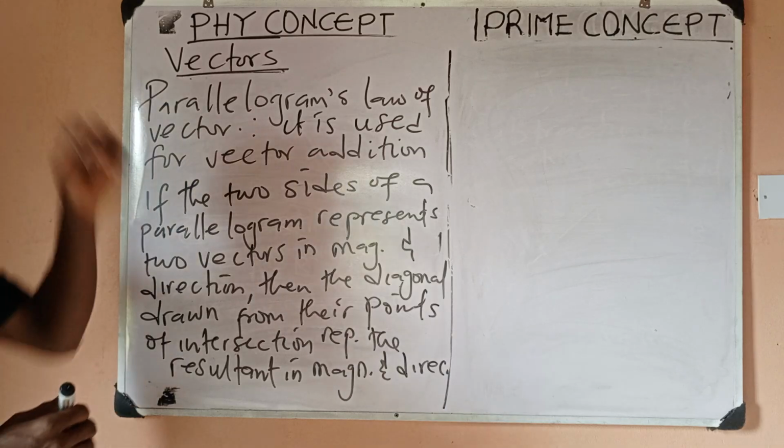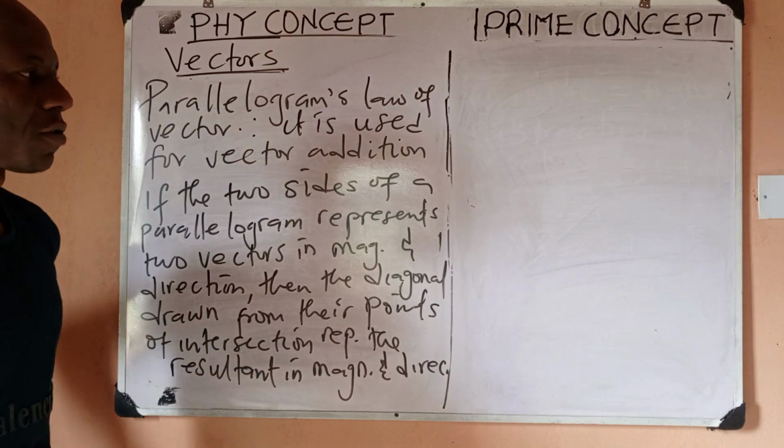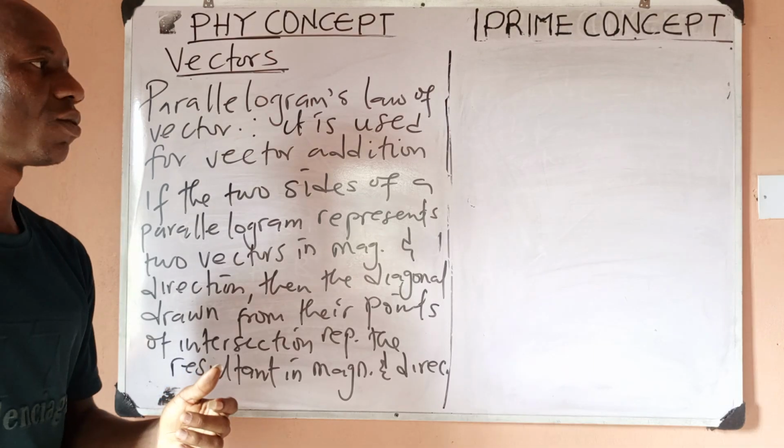So that is just it. It looks long, but it's simple. It's not something to cram. So from the diagram, I'm going to explain so that you would understand it.